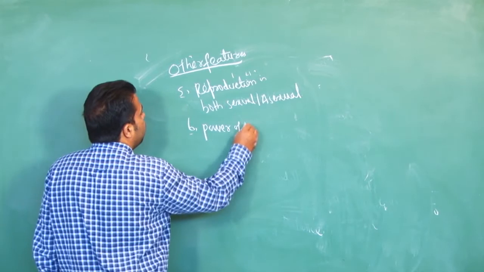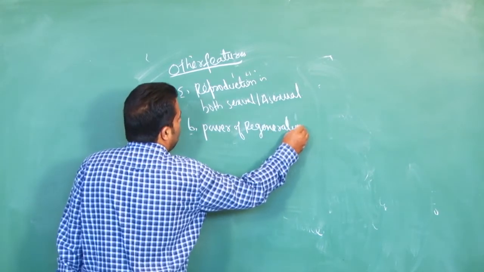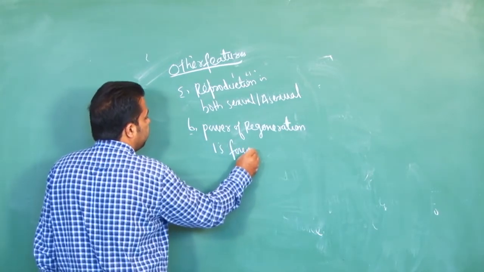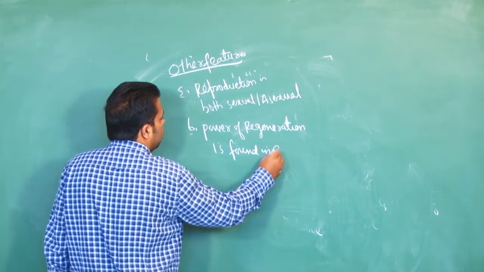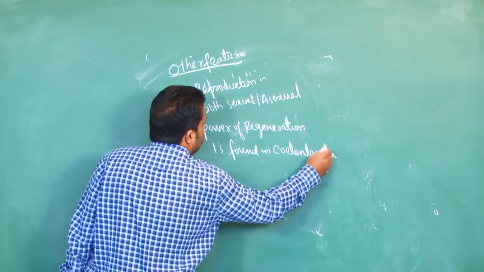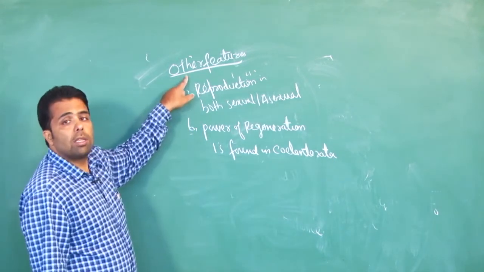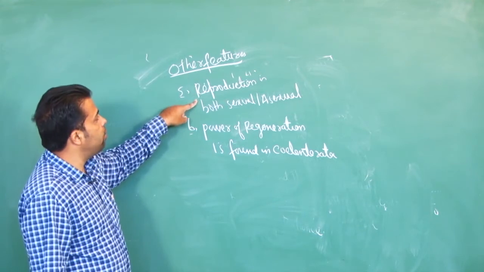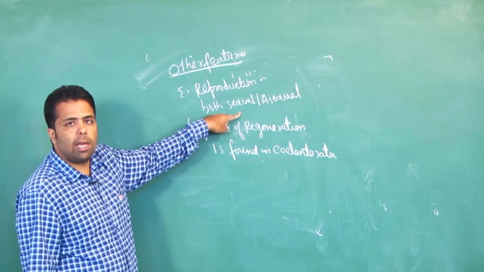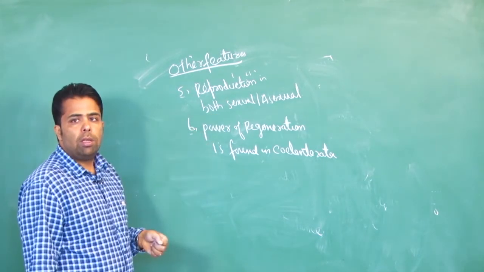Power of regeneration is found in Coelenterata. Students, we are discussing the other features, and in this we need to mention that reproduction is both sexual as well as asexual, and power of regeneration is found in Coelenterata.